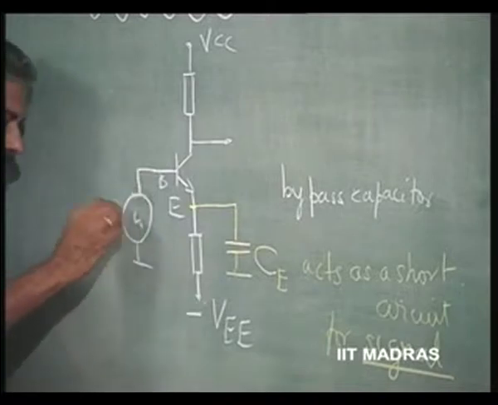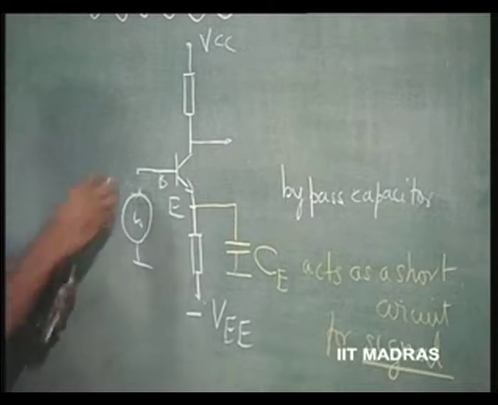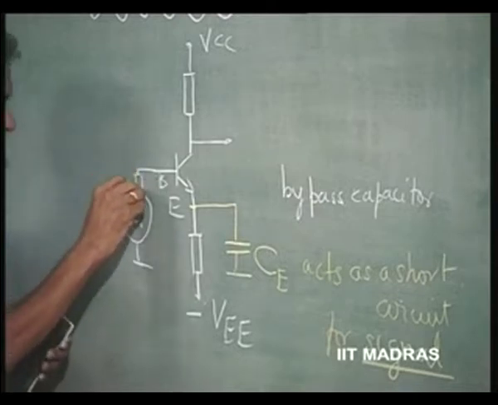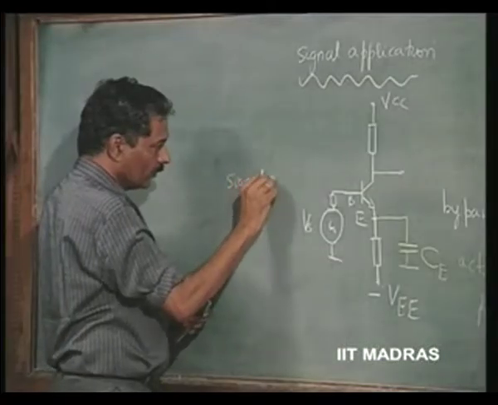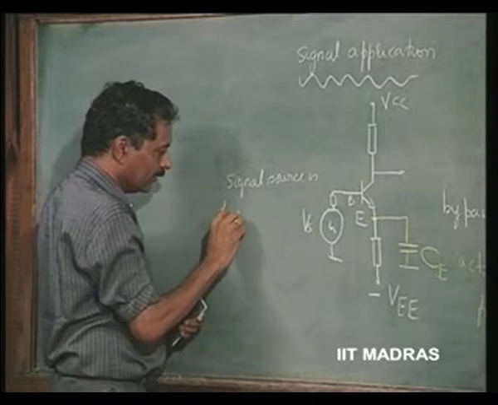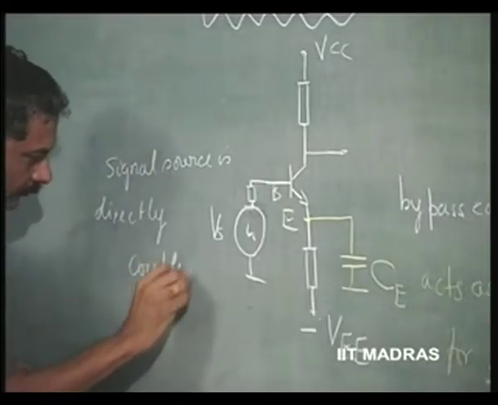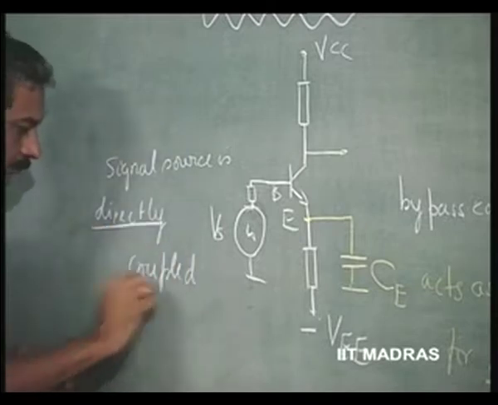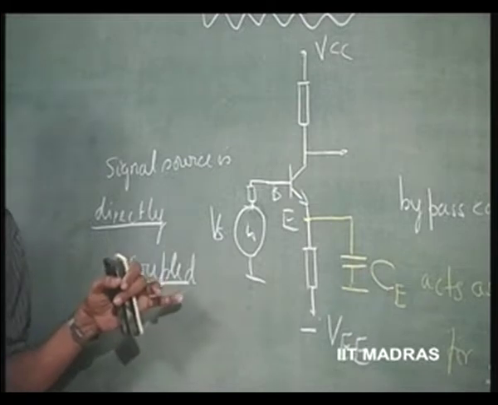So, signal, it might have a source resistance, does not matter, is directly coupled. So, here signal source is directly coupled. This is called direct coupling.